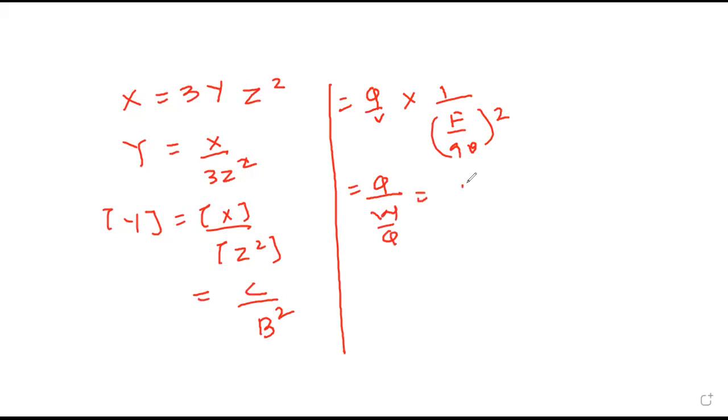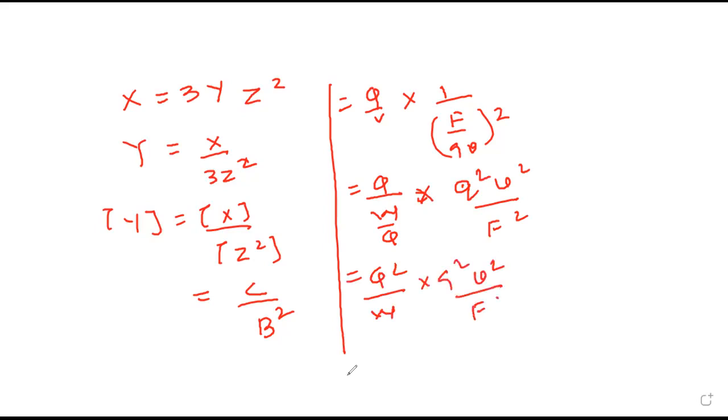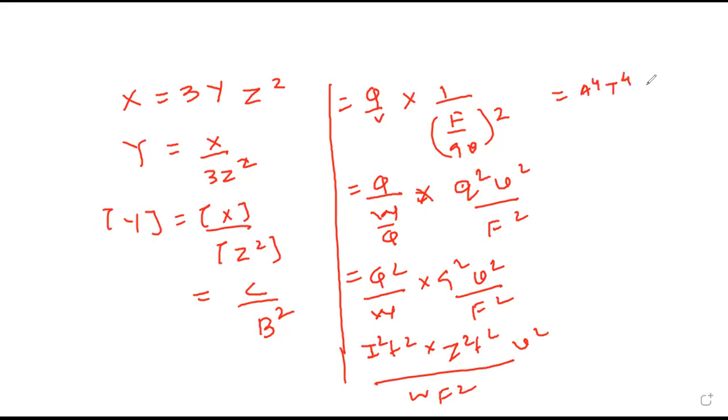This is into Q square V square upon F square. So Q square upon work into Q square velocity square upon F square. Q is IT, so I square T square. So we get A raised to 4 T raised to 4. Velocity square means L1 T minus 1 square upon work is M1 L2 T minus 2. Force is M1 L1 T minus 2, square.